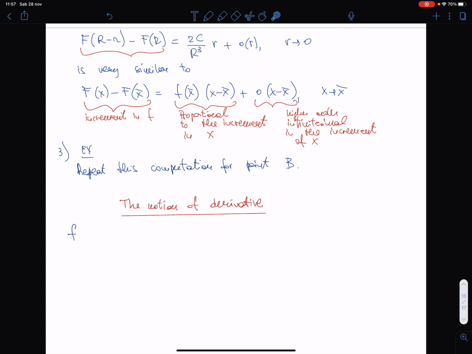Here, the function we focus on was the small f to be integrated. Now we focus on what in the previous framework is capital F, the integral function. So what we do now is to change a notation.